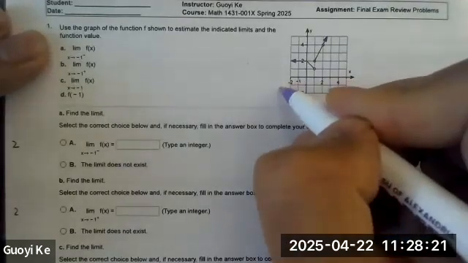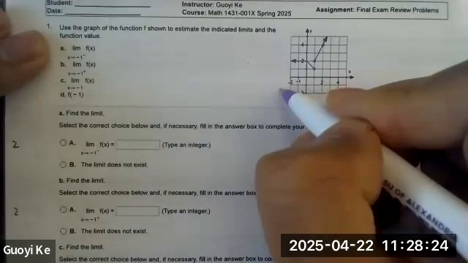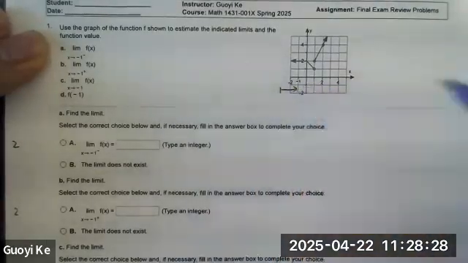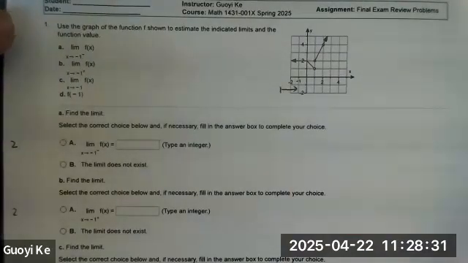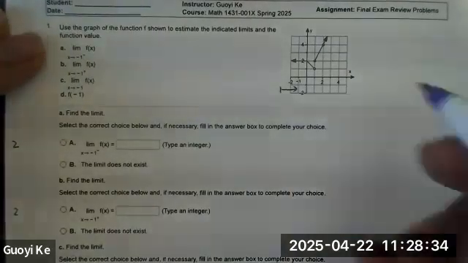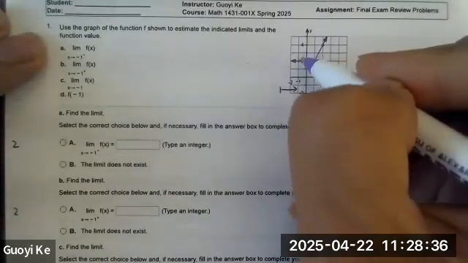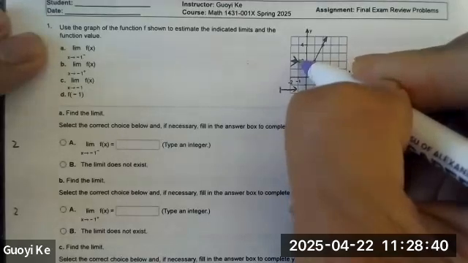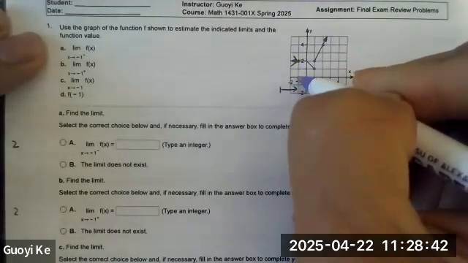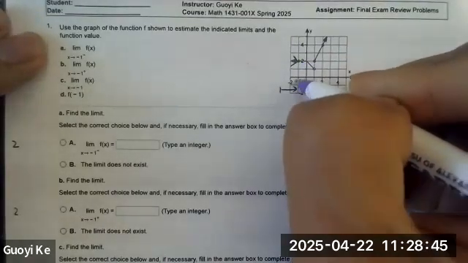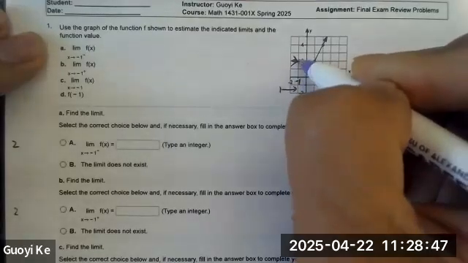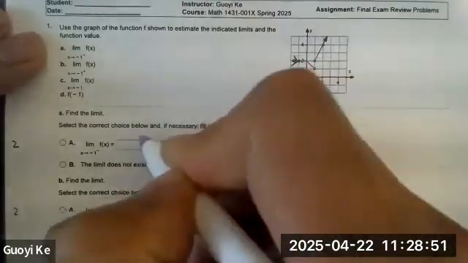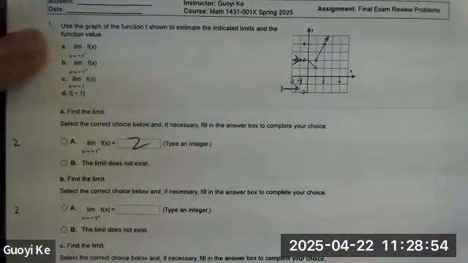X approaches -1 from the left-hand side, and the curve approaches this point. This point has a y value of 2. So the answer should be 2.